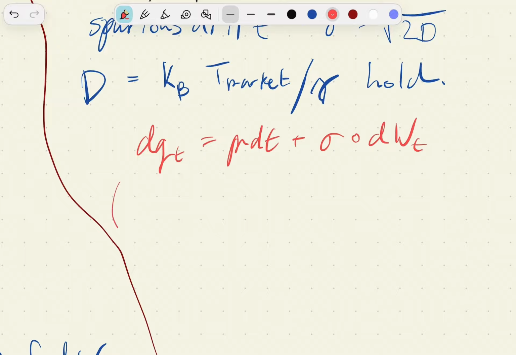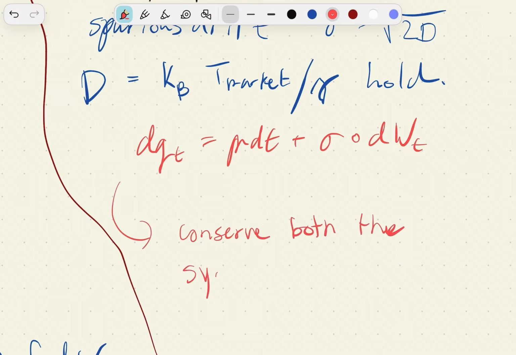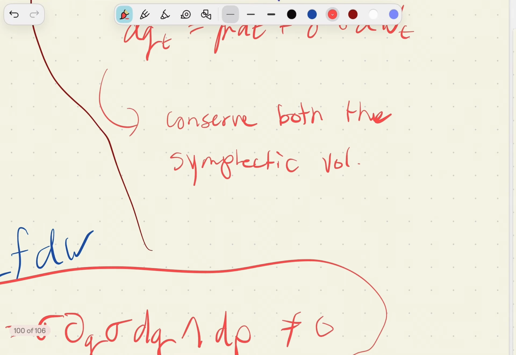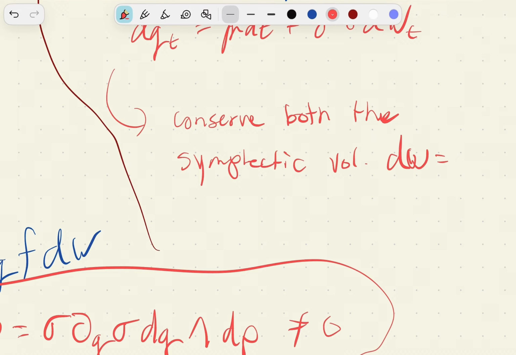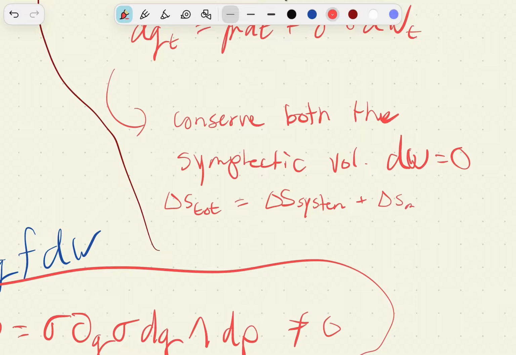Therefore, it will conserve the symplectic volume, okay? So in other words, the exterior derivative of the symplectic form will be equal to 0, and Sekimoto's decomposition, S total equals S system plus S medium, which came from his paper that I linked in the Discord if you're interested, will also hold because it's a Stratonovich SDE, okay?